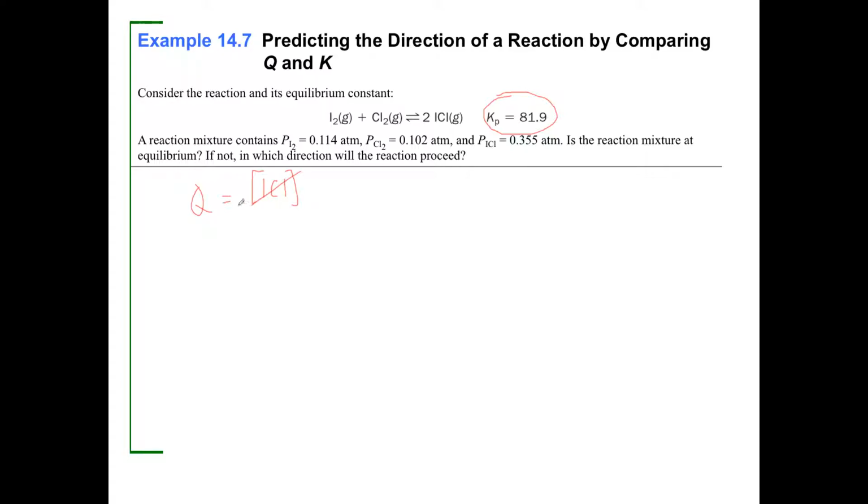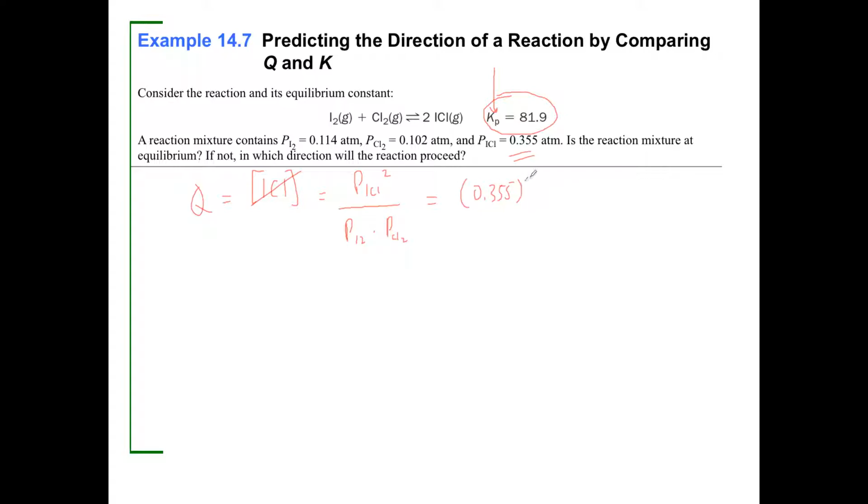Oh, these are partial pressures. We're going to be using KP, not KC. So the partial pressure of ICl squared has exactly the same form as the equilibrium constant in terms of concentrations. Exactly the same form. P of I2, P of Cl2, right?